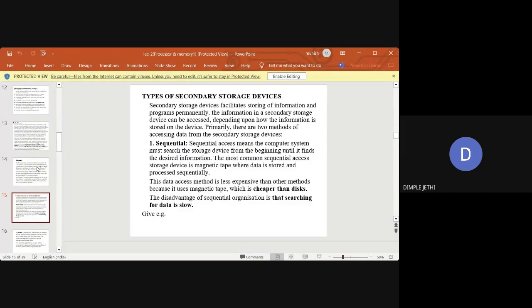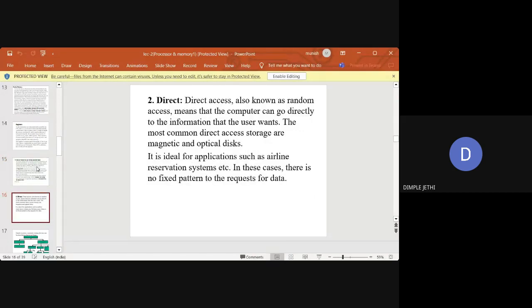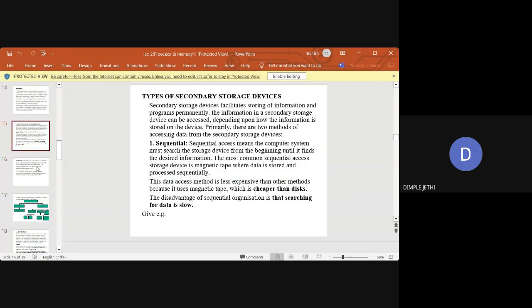Now, these secondary storage devices can be categorized as sequential access and direct access. The type of access is different in different secondary storage devices. What do you mean by that? First is sequential access.